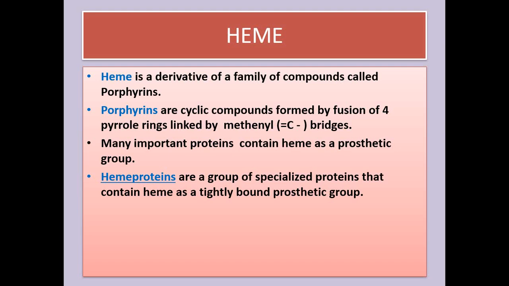Heme is basically a derivative of a family of compounds called porphyrins, which are cyclic compounds formed by the fusion of four pyrrole rings linked by methenyl bridges.